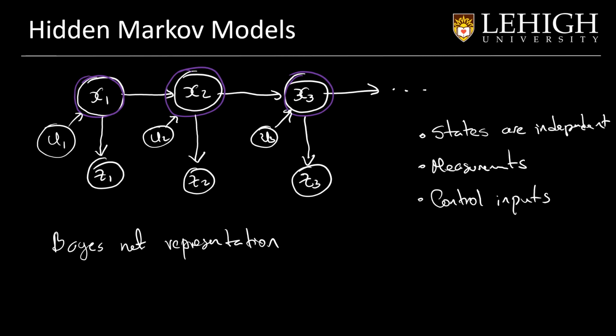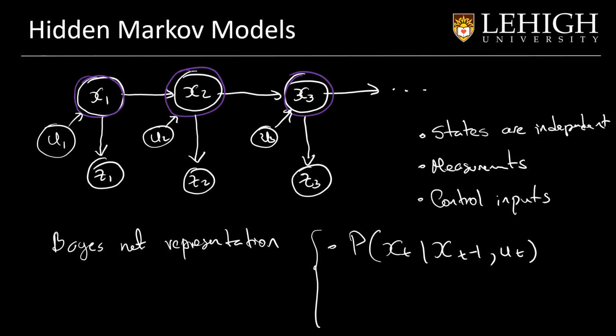So what we want to obtain is the probability of xt based on the state in the previous step and the control input, right?